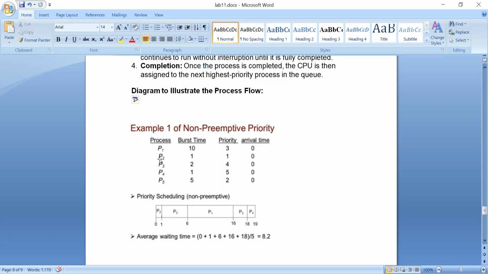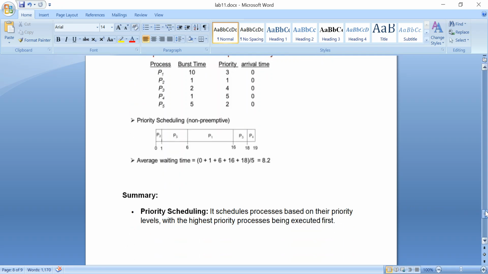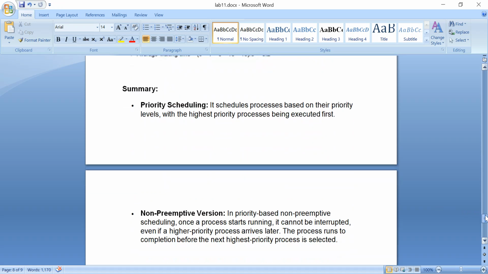So this is how non-preemptive priority works with the priorities: the one which has the highest priority, then second, then third, then fourth, then fifth. I hope you understand this very well, because it's a very nice example that will teach you the best way to understand priority scheduling.